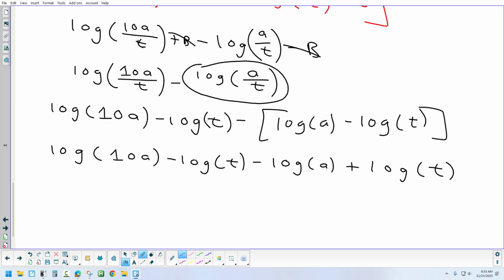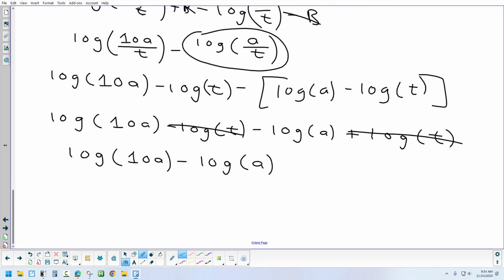Now what's going to happen there? Log T's cancel out, which again, because the period of the wave was the same earlier and later, shouldn't affect anything in the answer, and it doesn't. It's gone. Now we have log 10A minus log A.